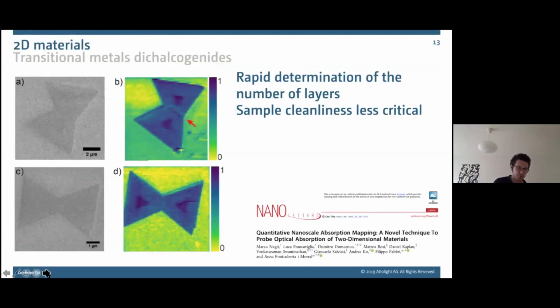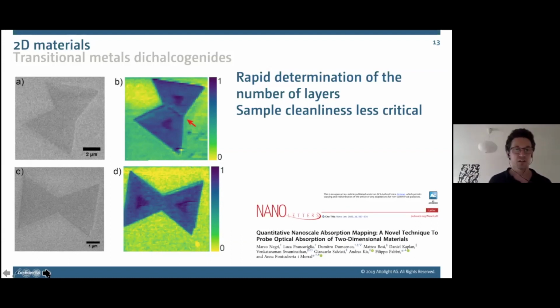So, 2D materials. I'm starting with the material that gives us a little bit of problems, in the sense that those are fragile beasts. They're really thin and hard to spot. But here, one of our customers was annoyed by the fact that the devices he was making were always dirty, or he had extra layers in his TMDs.